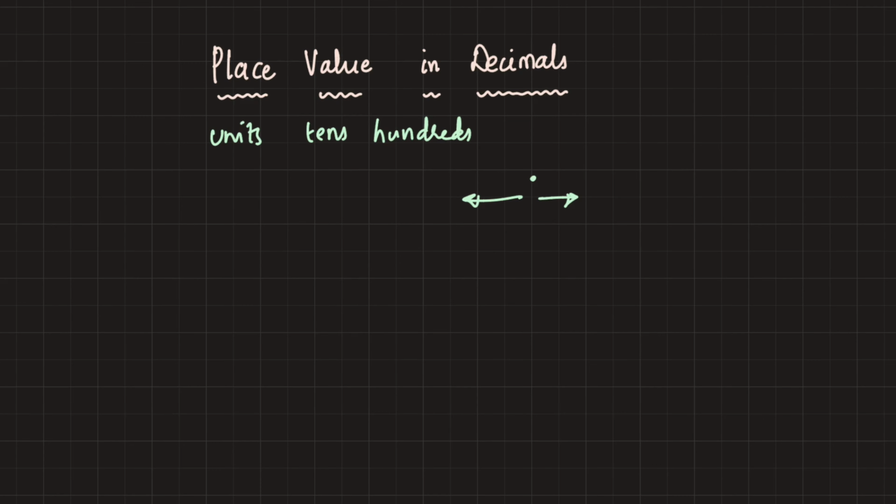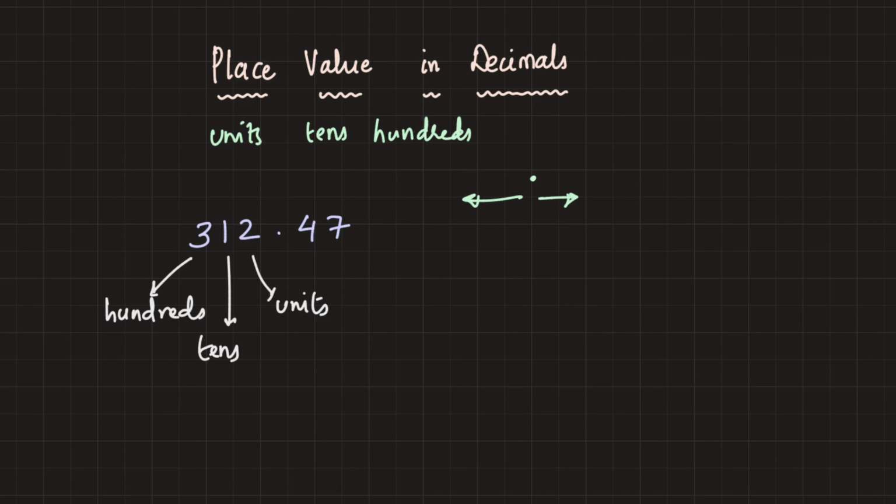Let us take up an example. Say we have 312.47. In this case, we know from our previous classes that 3 is in hundreds place, 1 is in tens place, 2 is in units place.